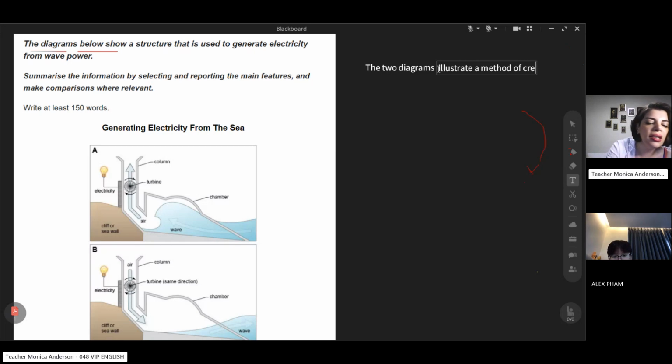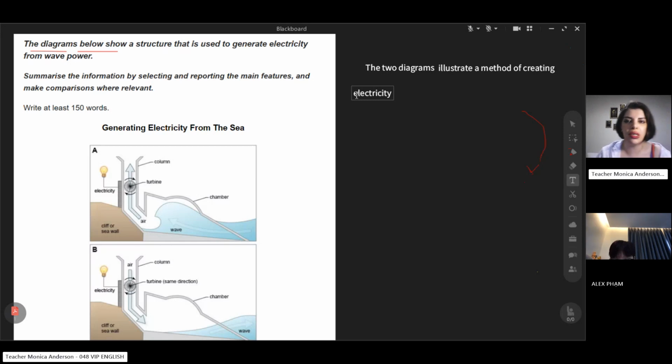Generate means, of course, creating. But here I say of creating, because after prepositions, except for to, we need to use ing. Here we have to because we say generate, but this one I say of, and after of I need to use ing or gerund. So creating what? Electricity.